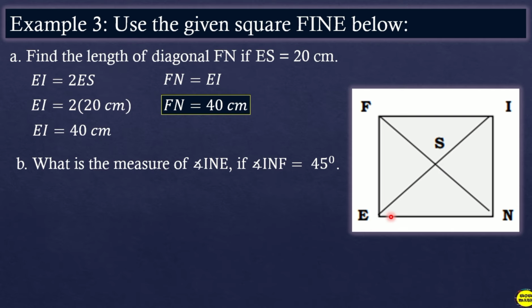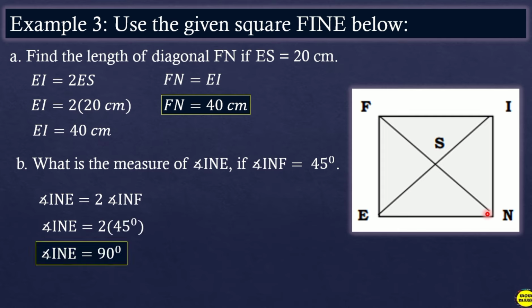So, yung apat na to, yung angle F, angle I, angle N, saka angle E rather, ay right angles. So, ang pinapakuha sa atin, ano yung measure ni angle I and E? If your angle I and F is 45 degree, so that is 90 degree. Okay. So, kahit di mo na i-solve, class, no, yung letter B, alam mo na agad na yung angle IN is 90 degrees.